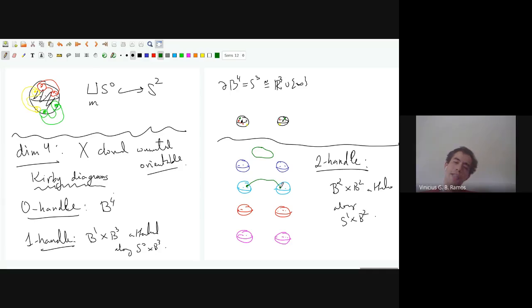And then here I travel along the one handle. I can do this, and I can travel like this. You see, it really starts to become interesting.